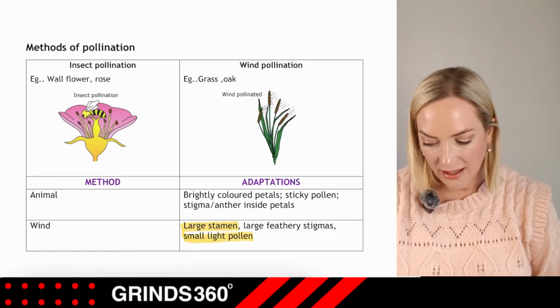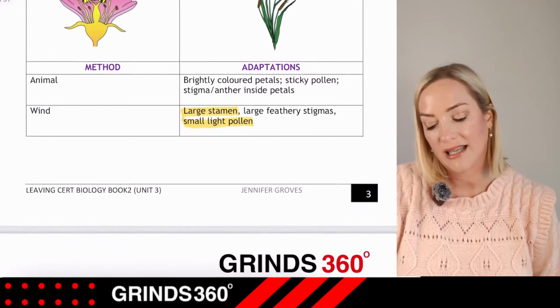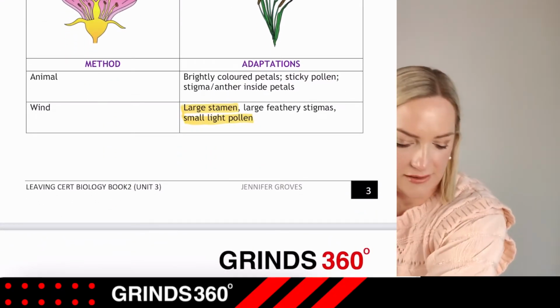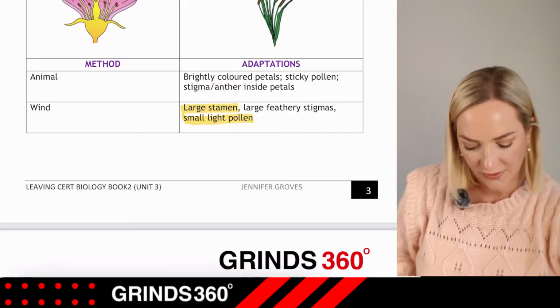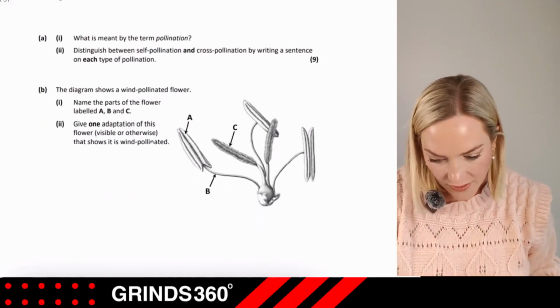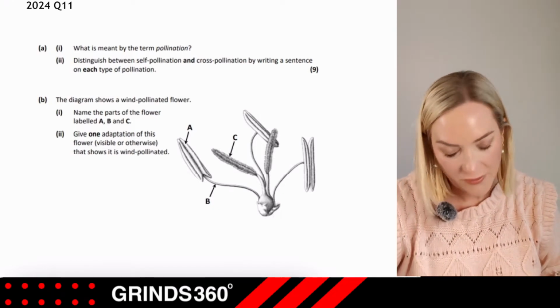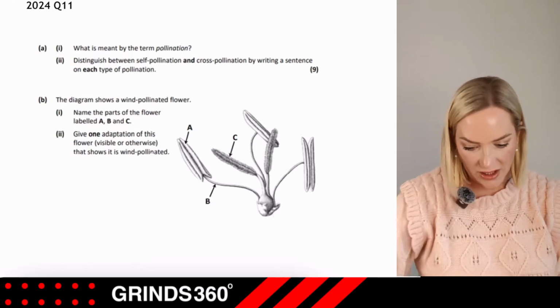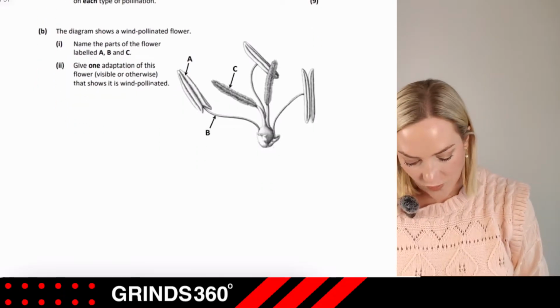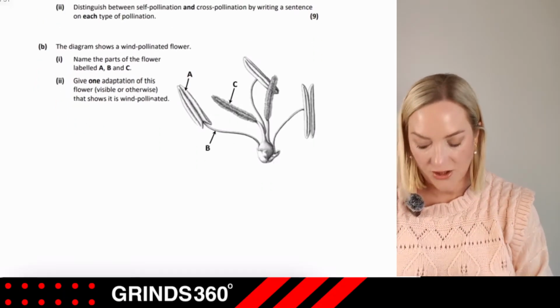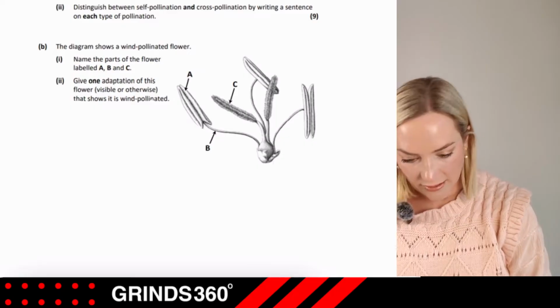So let's look at a question that was asked in 2024. What is meant by the term pollination? What we wanted to see from students was that it was the transfer of pollen from the anther to the stigma.